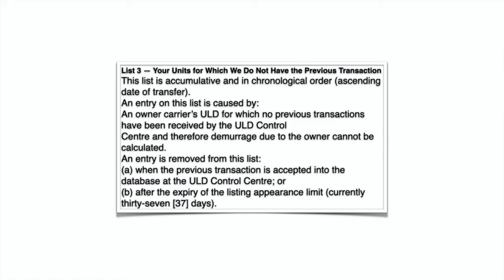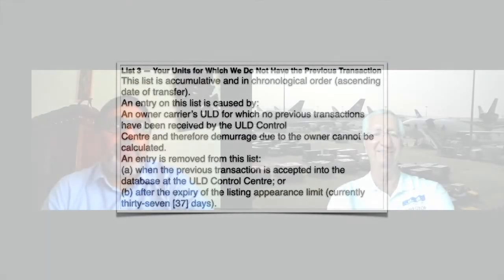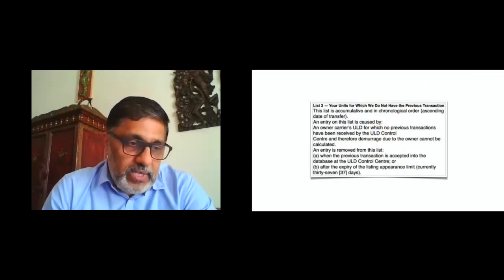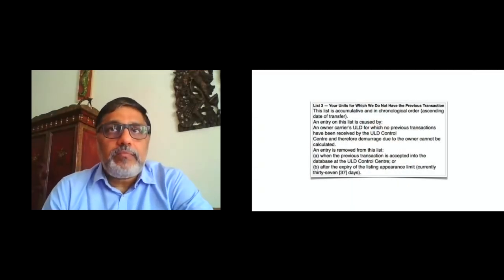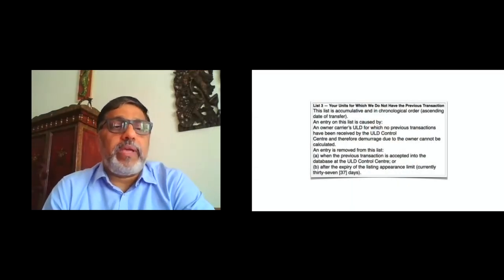Would you like to expand on that? Yeah, list 3 is an owner airline's ULD for which there has been no previous transaction received by the ULD control center, which is the IULDUG system, and therefore the demurrage cannot be calculated.